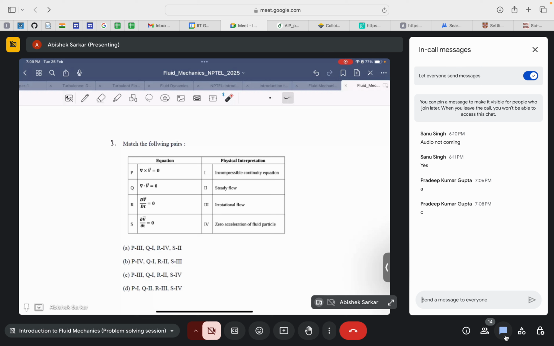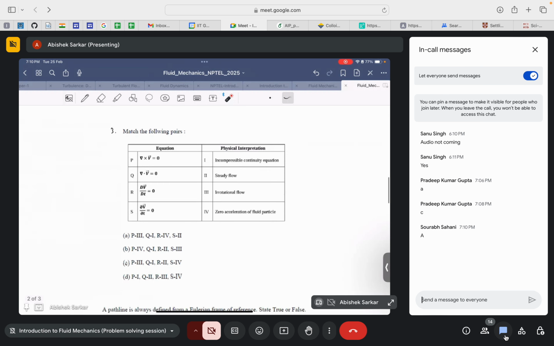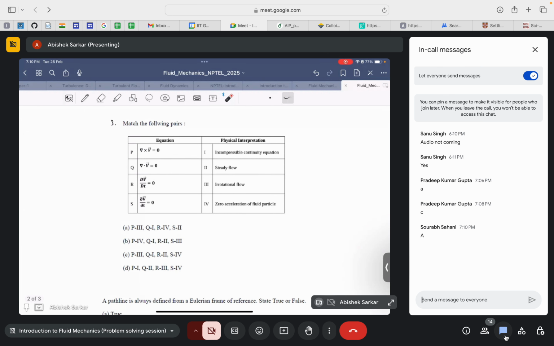It will be quite nice. Saurabh says A. So I think then we can proceed. It's fine. I know all of you would be able to do it, but for the sake of saving time, let us proceed further.